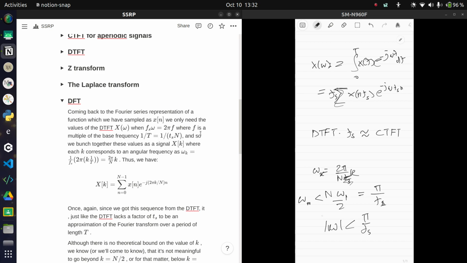Right, and this of course happens when your k, because omega is just something like this, there should be omega k. So this happens when k is less than n by 2, or mod of k is less than n by 2. So we really just go from negative n by 2 to n by 2, that's all we need. And then you might say, okay, what about the other frequencies, do we not care about them?